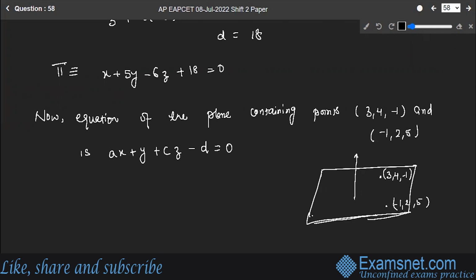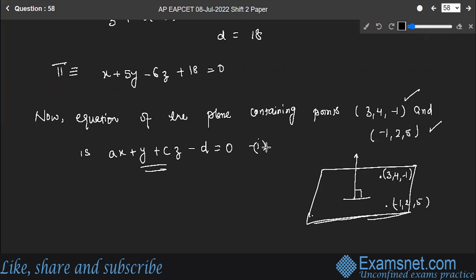Also, you are given that there is a normal to the plane. So the equation of the plane which is containing these 2 points is given by this. Now let's name this as number 1. Hope you are clear till here.